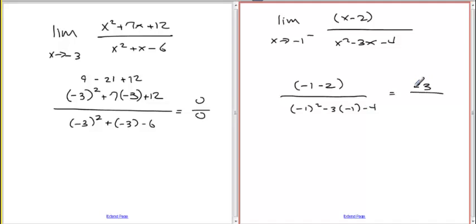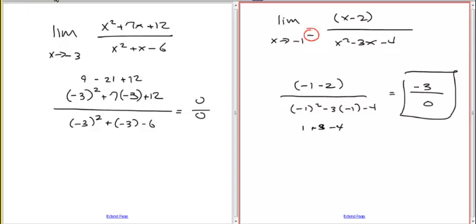The numerator is -3, and the denominator turns out to be 0, because you get 1 plus 3 minus 4. This is positive because you have 2 negatives, this is positive because you're squaring it. So it is 0. Okay, so there you go. That's the third kind. Once you do that, you have to look at which direction you're coming from.